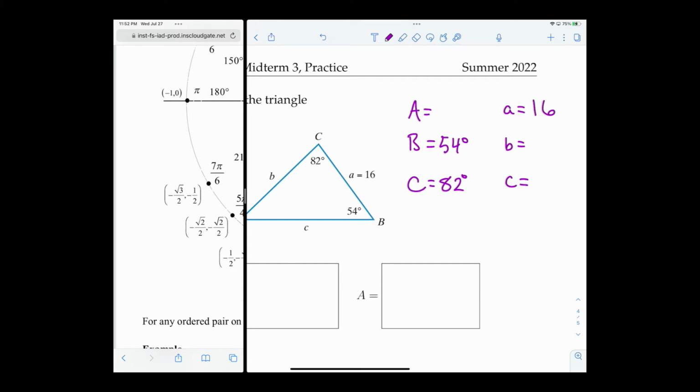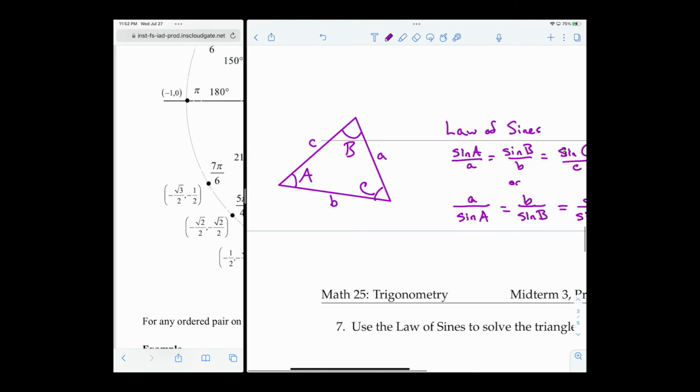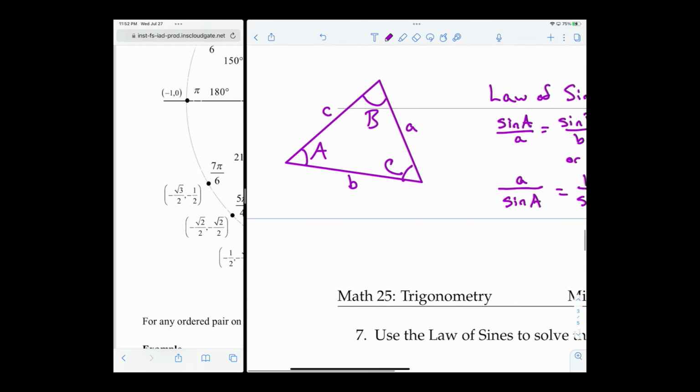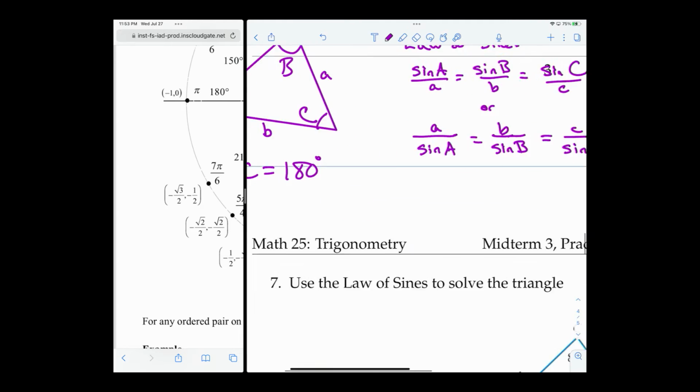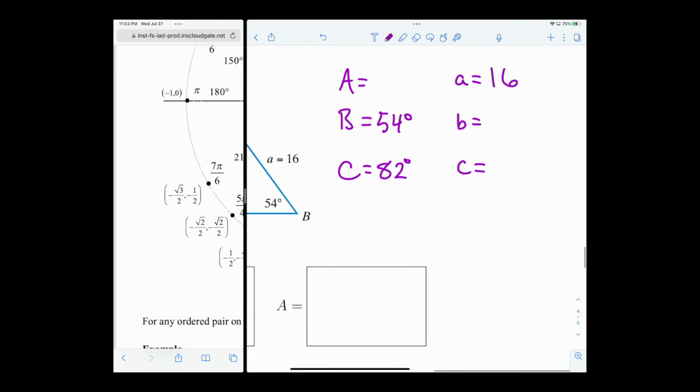Okay? So the first thing you can do, I didn't write it up here, but keep in mind this is a triangle. So a property every triangle has is that the angles add up to 180, right? So like the A and the B and the C need to add up to 180 degrees. So the way you would use that here is you notice that you have 2 angles already, right? So if you've already got 2 angles, you can calculate the third because they have to add up to 180.